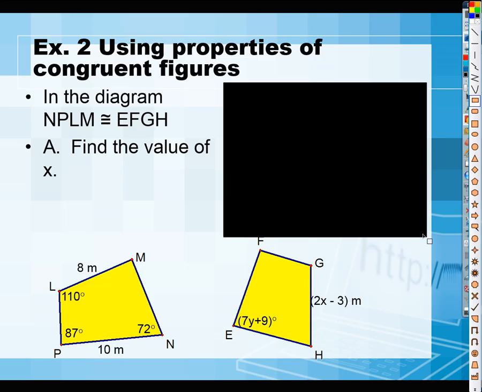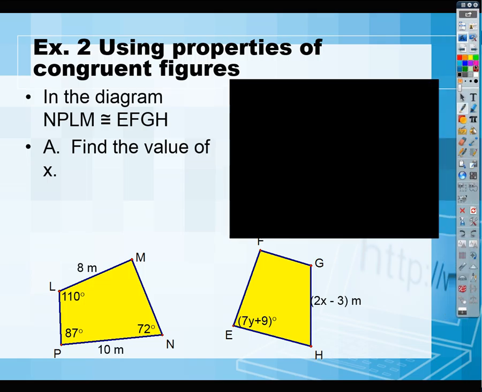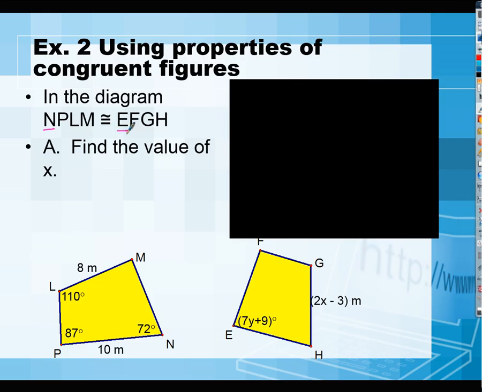Since angle N would be congruent to angle E, you would set 72 equal to... Okay, good. So we can see here right away that angle N corresponds to angle E, right? And so they must be congruent if the figures are congruent. And so that allows me to set up a relationship, right? We know that congruent angles have equal measures.